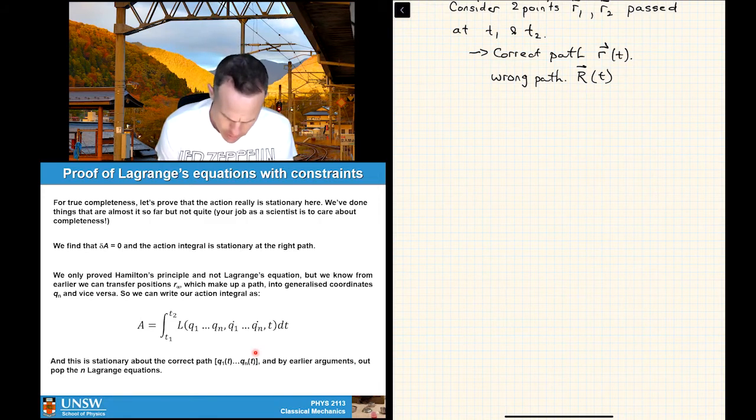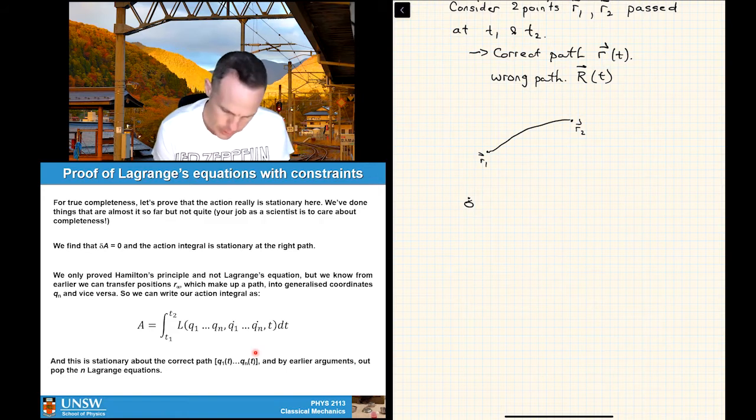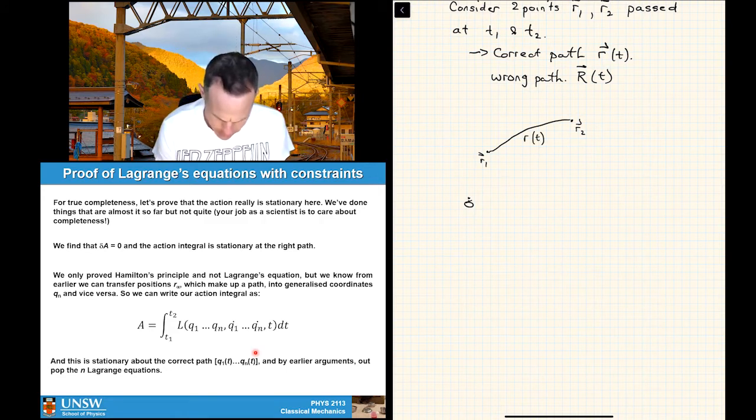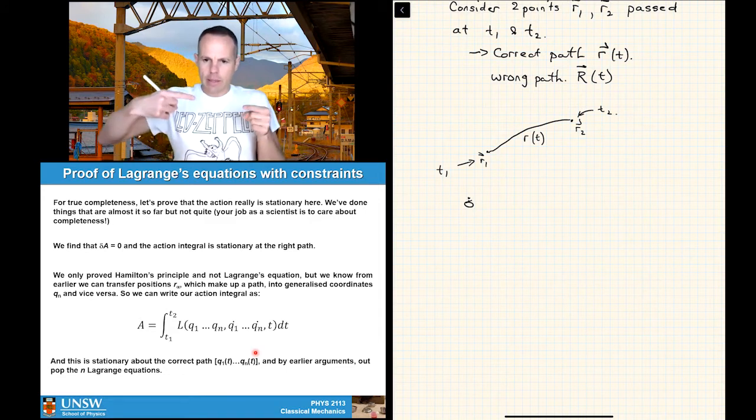You can imagine that we've got 2 points here, R1 and R2, and you've got some coordinate system that has an origin down here somewhere, so these would be vectors. You could draw a vector out to where they are. And you take some right path between the two, so this is how your R evolves as a function of time, between this being the case at time 1 and this being the case here at time 2. You'll remember we dealt with this in the last lecture.